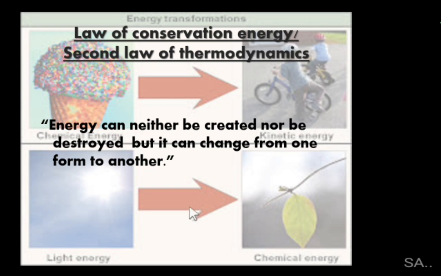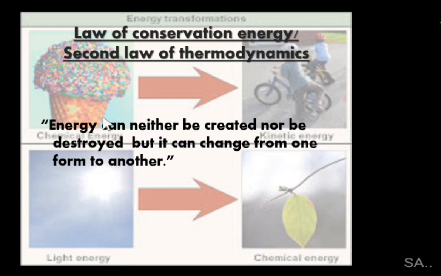So here you can see the law of conservation of energy, the second law of thermodynamics, and this is all about the conversion of energy. So let's see what it is. The law states that energy can neither be created nor be destroyed, but it can change from one form to another. It means you cannot create energy, you cannot destroy energy, but this energy can be turned into different other forms.